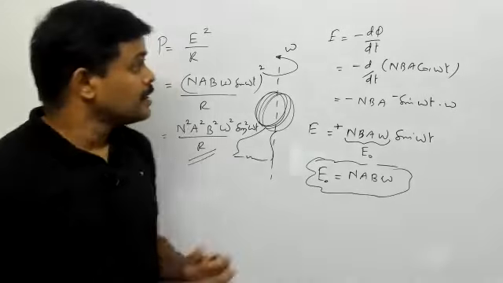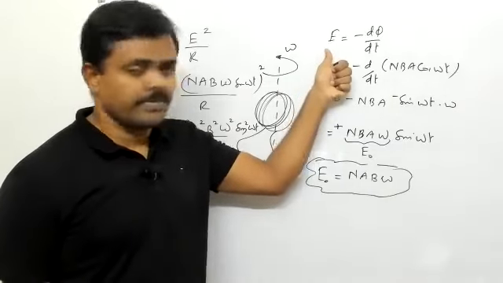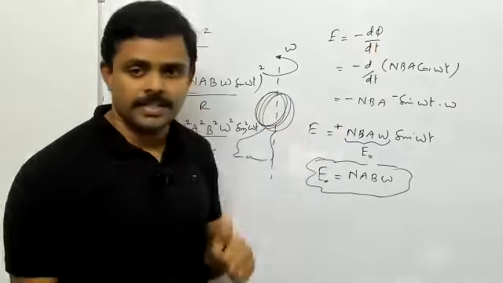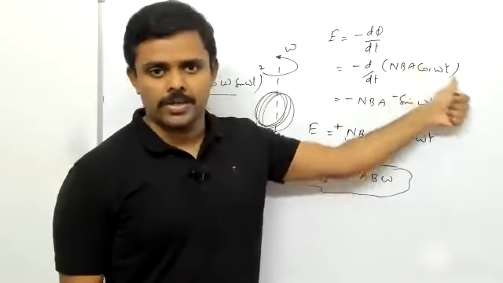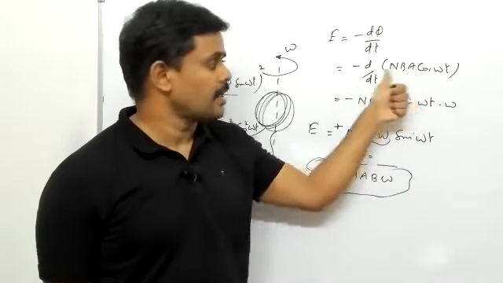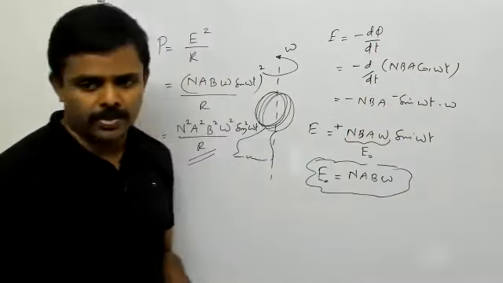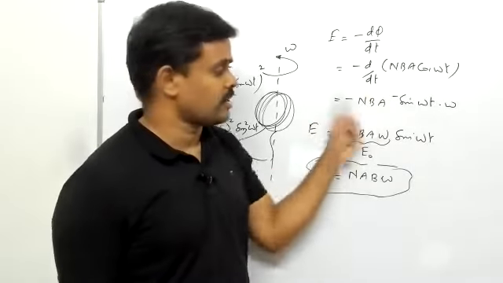Repeating one time. They are asking for maximum EMF, so I should find EMF first. EMF is minus d phi by dt. That is minus d by dt of N B A cos theta, because flux is B dot A, that is B A cos theta. N B A cos omega t. N, B and A are taken outside.